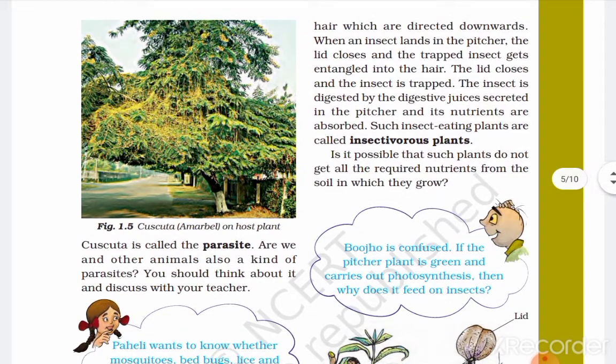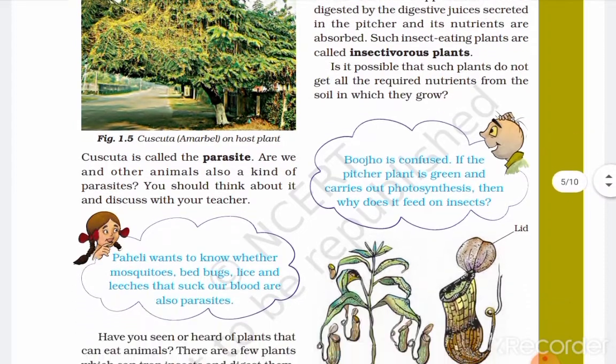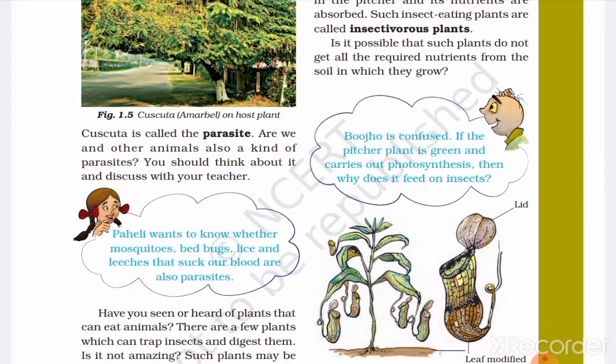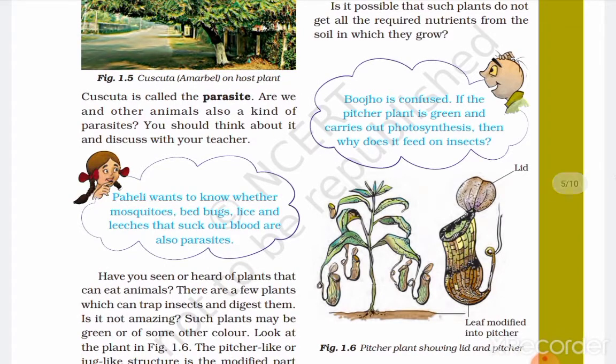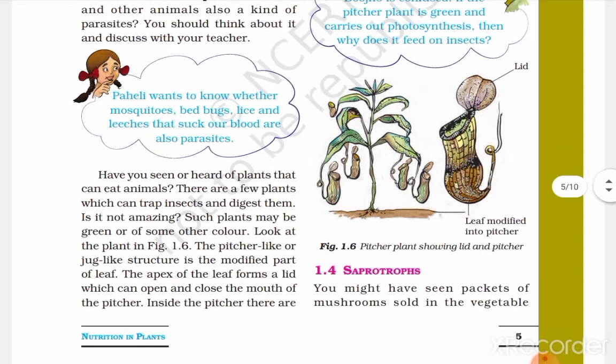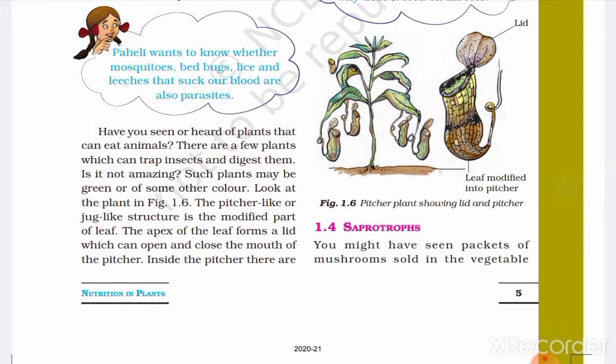And that's why these insectivorous plants kill or prey on mosquitoes and other insects to take nitrogen, and it is important for them to produce amino acids. And yes, they do photosynthesis. The only thing they need is the protein, which is helpful for them.